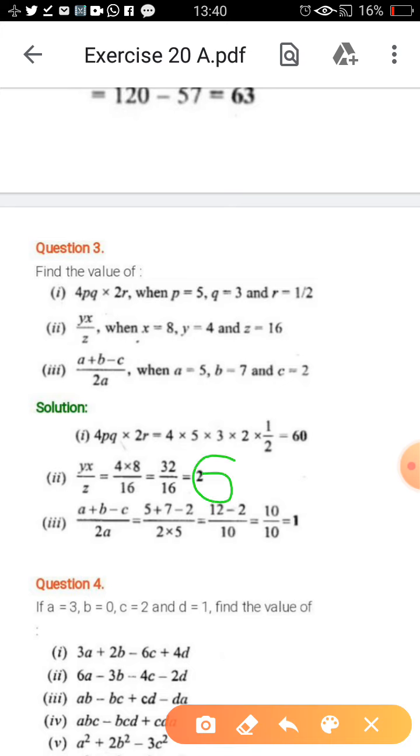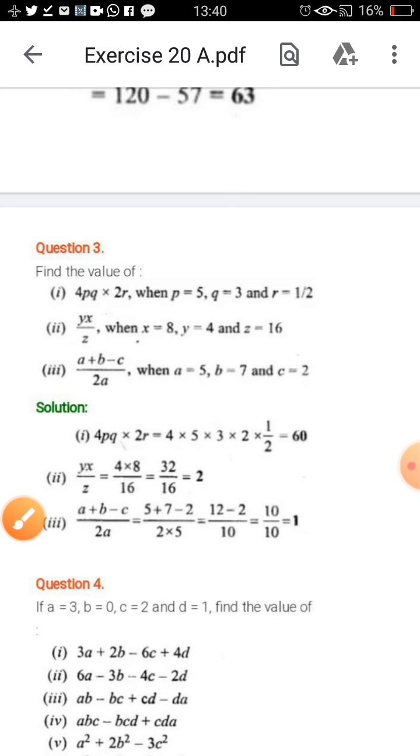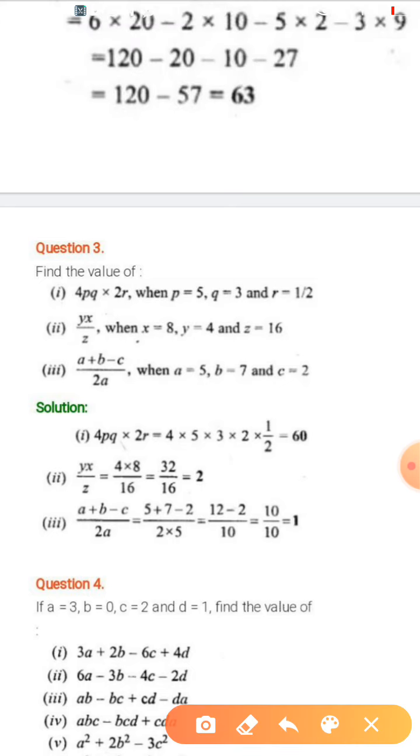Okay, now the third one, a plus b minus c upon 2a. A is given 5, b is given 7, and c is given 2. And here 2 into a means 2 into 5.